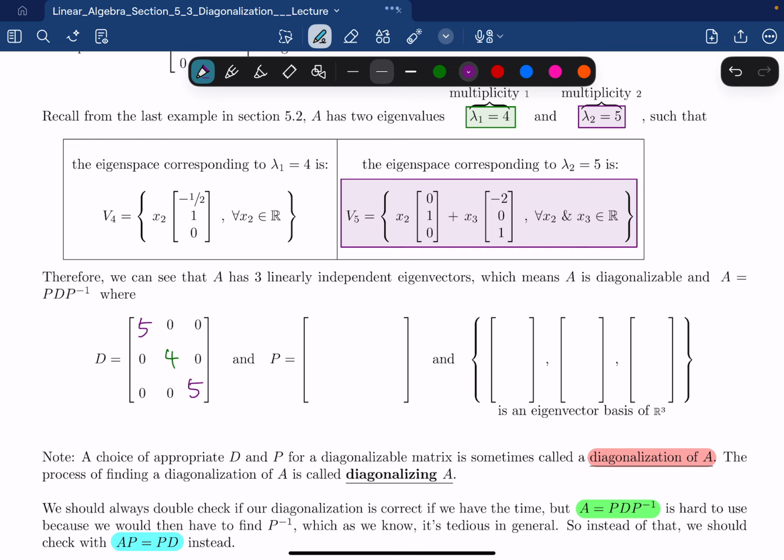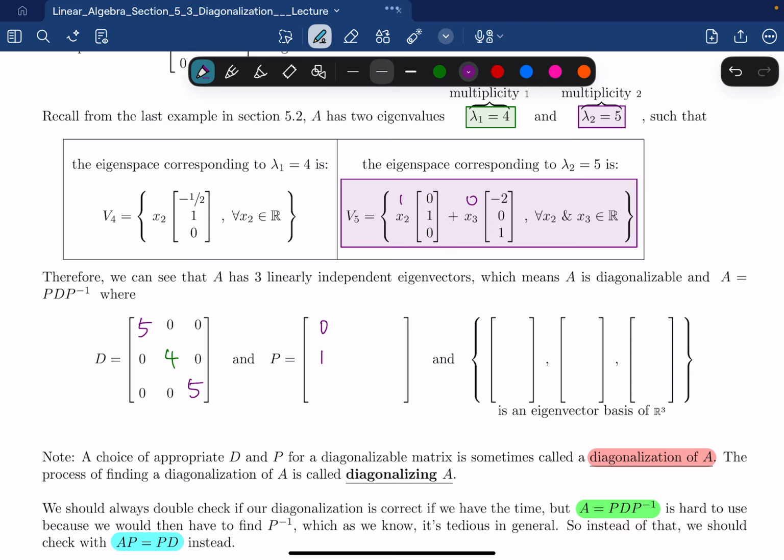Again, really nothing stopping me from using any meaningful linear combinations. Setting one of x2 or x3 to be 0 just gave me the easiest and most obvious way to create linearly independent vectors, but I don't have to do that if I don't want to. This time, just for the sake of example, I'll choose the most basic one here. So when x2 is 1, x3 is 0: 0, 1, 0.